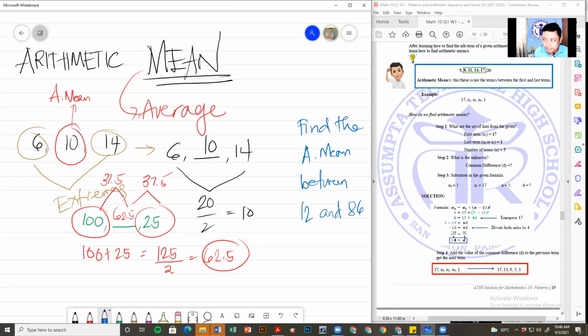Type the answer in the chat box. Okay, keep your answers coming. Good. I can see a common answer now. Very good. So the answer is 12 plus 86 divided by 2. The answer is 49. Very good.